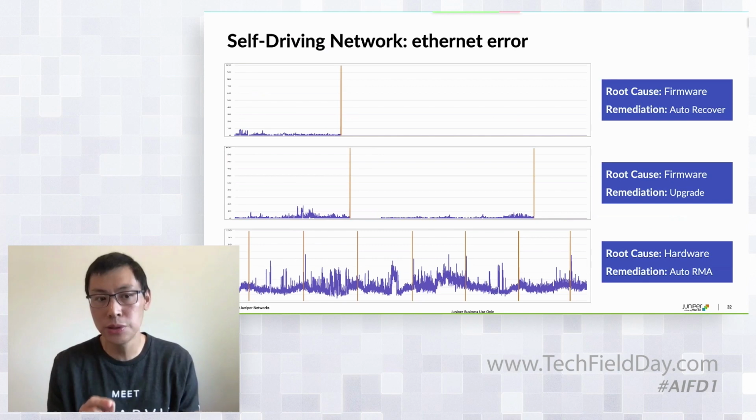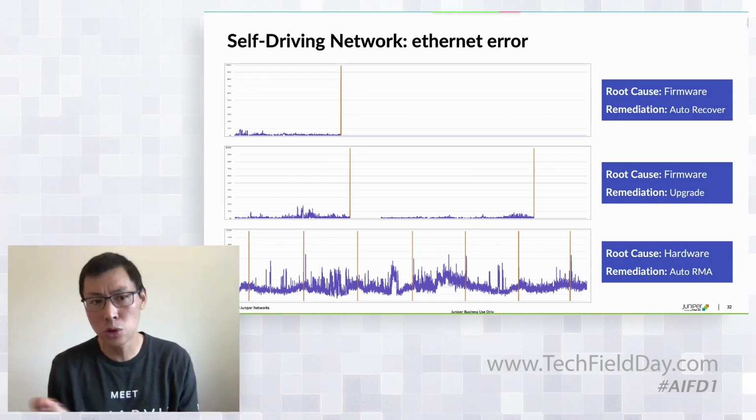When it sees any AP experience this Ethernet error, Marvis will send a reset command from the cloud, which only takes a couple of seconds, to try to recover the AP from the Ethernet error scenario. It's very interesting: on the first AP, the Ethernet error disappeared after a single reset. This is a self-driving case.